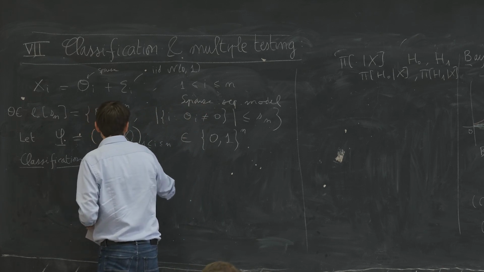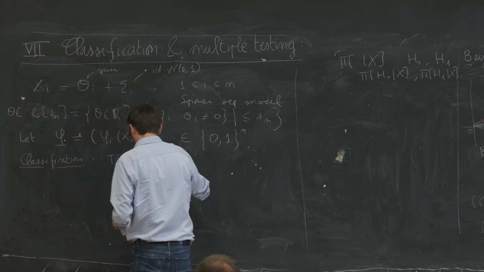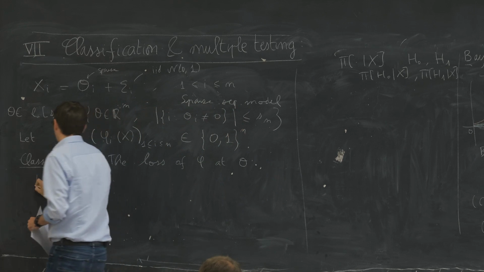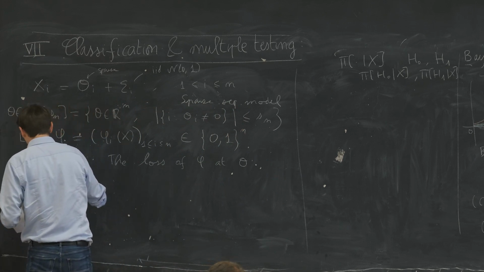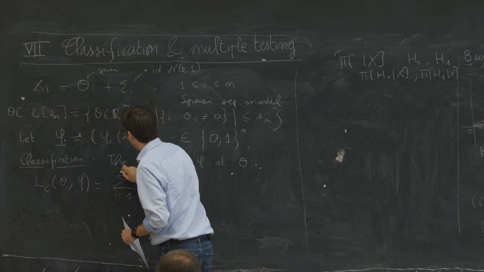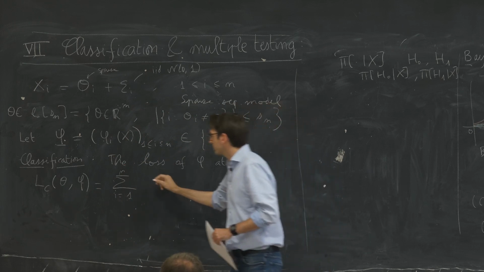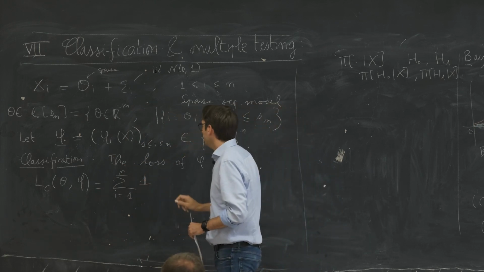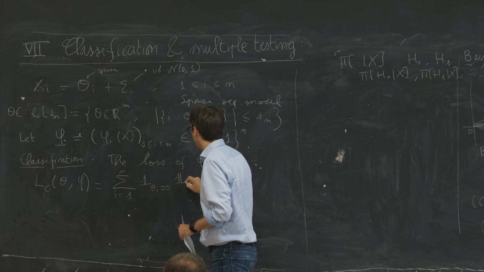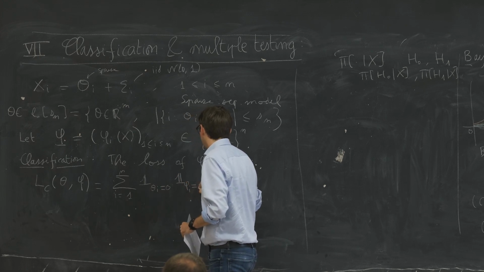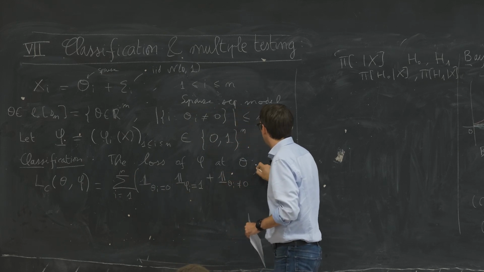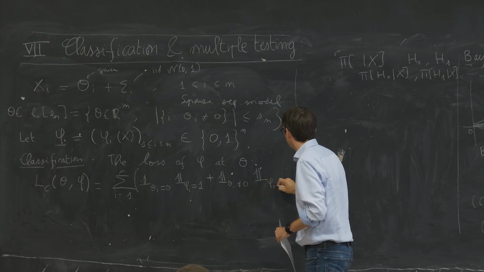So what are those more precisely? The loss of a procedure phi at the point theta, which we call L_C, the classification loss. I always forget in which order, theta, phi. The classification loss is just the number of errors that you make. There are errors of two types. Either you are under the null and you declare that you are not, or the other type of error is that in fact you have signal, but your procedure thinks that there is no signal.